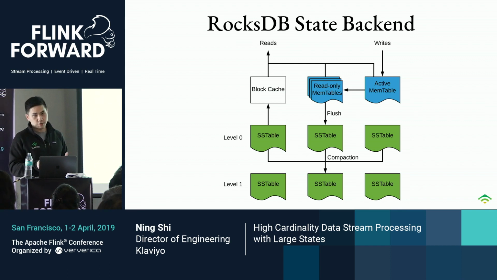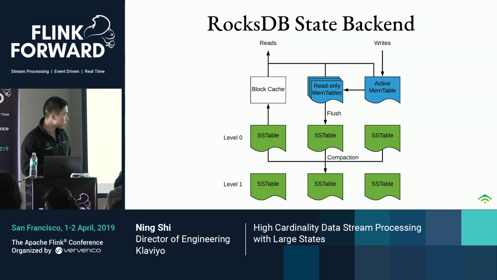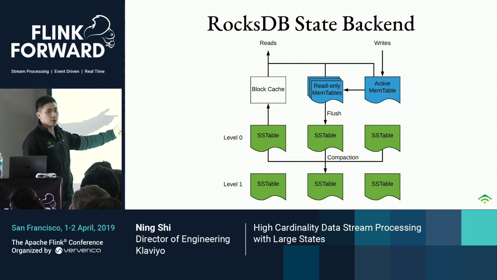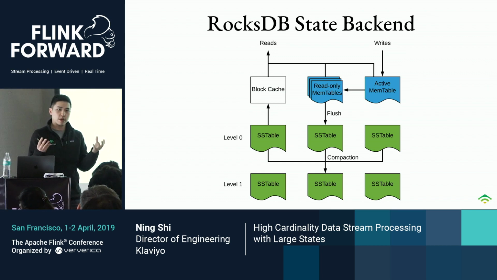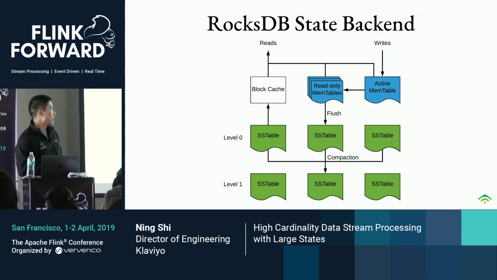Then a new active mem table is created. Once you have accumulated enough read-only mem tables, it tries to flush everything in memory to disk. The on-disk file format is called an SS table. And once it's flushed, periodically RocksDB will do compaction to compact the smaller SS tables into larger ones. And you can have many different levels of that.